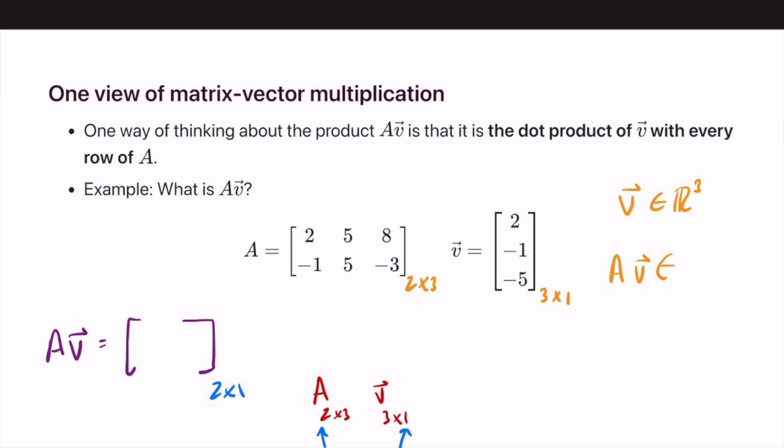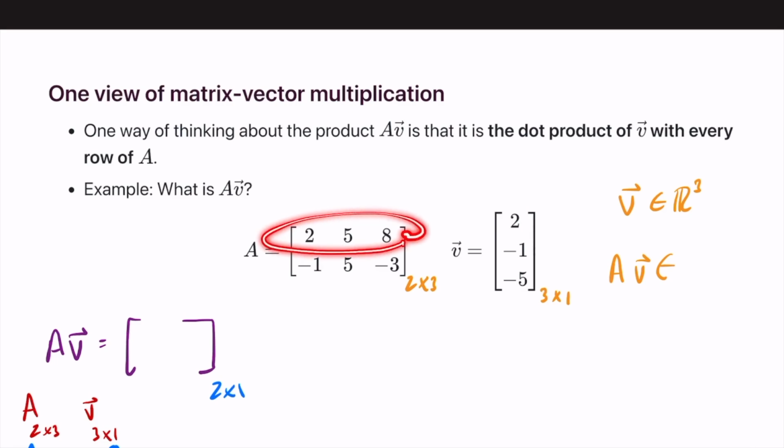So let's go ahead and actually do the calculations because why not? And maybe we'll do those calculations over here. For the first one, we're going to have 2, 5, and 8, and that's going to multiply 2, -1, and -5.